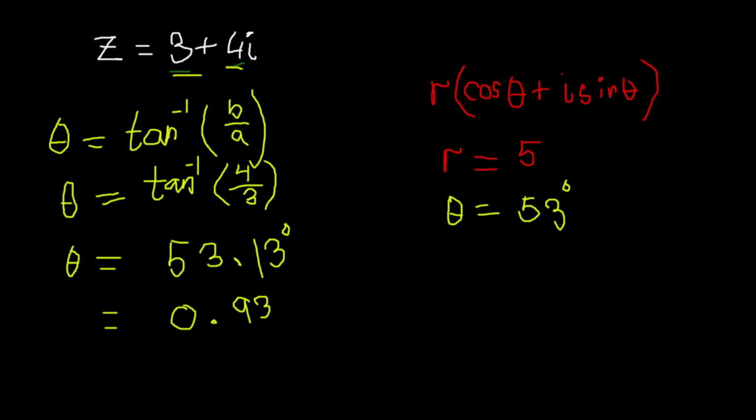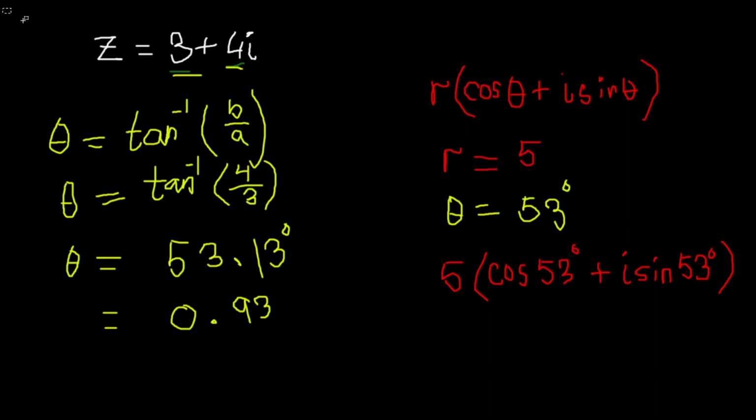So our final answer, the real polar form of this complex number is 5 cosine of 53 degrees plus i sine 53 degrees. The figure can be in radians or degrees, it's your choice.